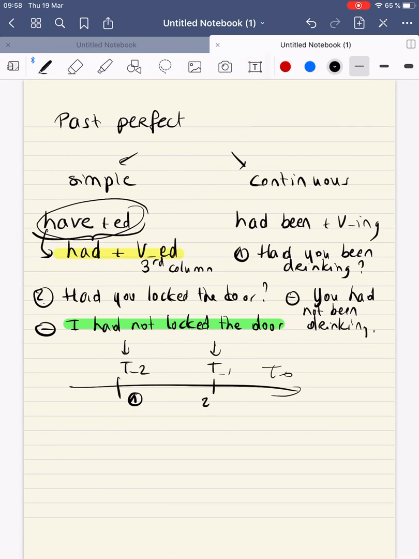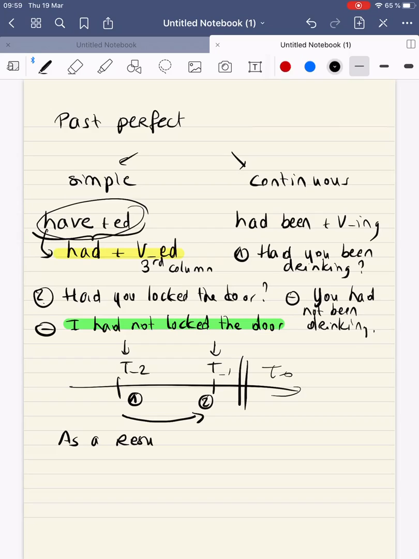Usually students say it's an old past. So this is event number 1, this is event number 2. Something happened first, which then led to a second action, but everything is in the past. There is no relation whatsoever to the present tense.